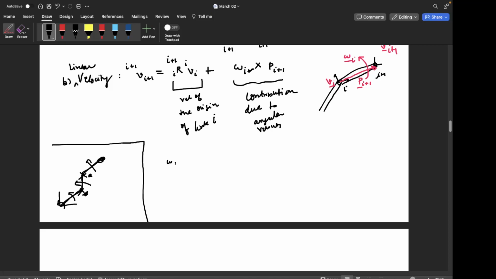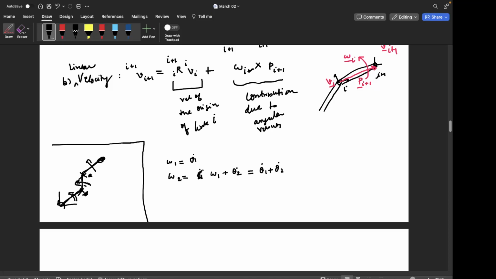Omega 1 will be equal to theta dot 1, just straightforward, because that's the first link. So it will move at the same rate at which the first motor would be moving. The second one would be omega 1 plus theta 2 dot, which is equal to theta 1 dot plus theta 2 dot, because if the second joint is also moving, then it's the angular velocity of this plus the angular velocity of this.